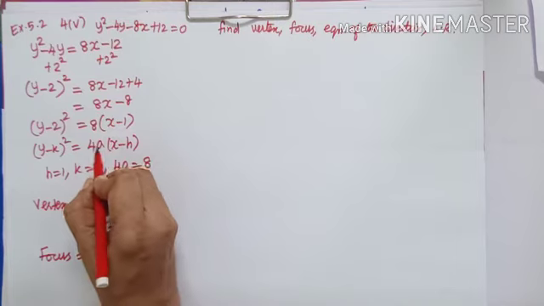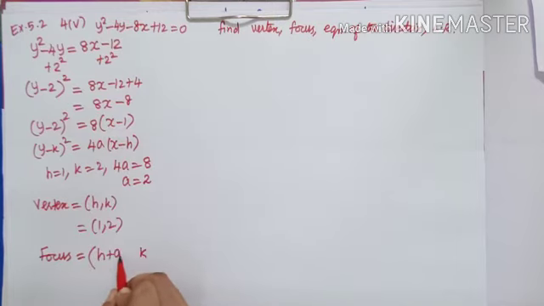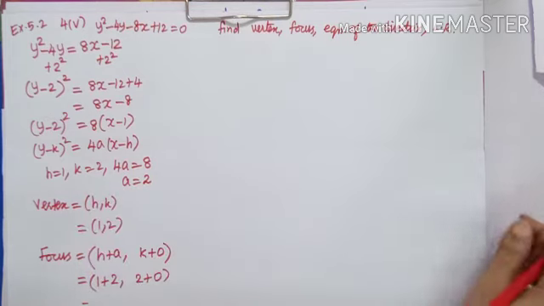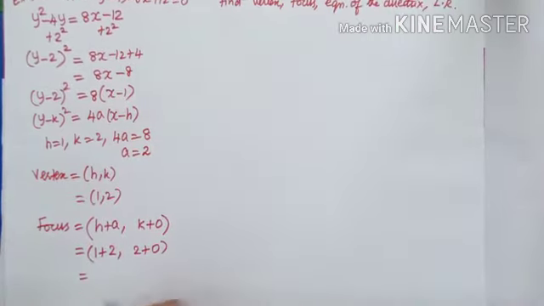With x, I will add a. And here nothing, so 0. So, what is the focus? h plus a, k plus 0. In this question, what is h? 1. a value 2. k is 2 plus 0. Simplifying, it is 3 comma 2. So, focus is 3 comma 2.